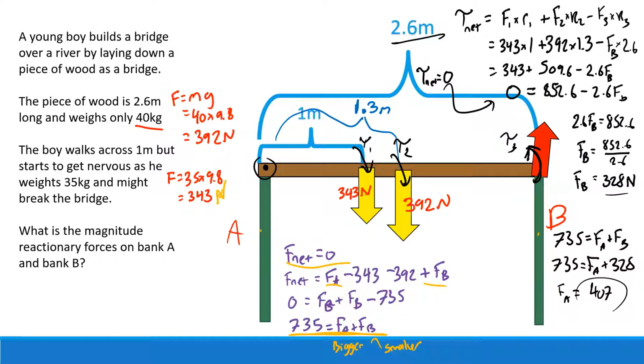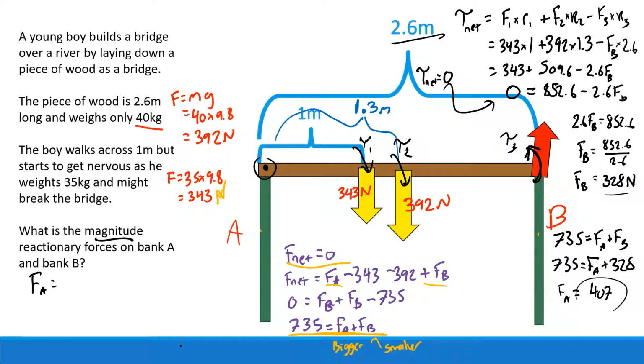Of course, as that kid starts to walk across the bridge, B will have to start picking up the slack a bit more. But what are the reactionary forces? F of A was the magnitude of the forces. So I don't even need to give a direction, even though I know in this case the direction is up.